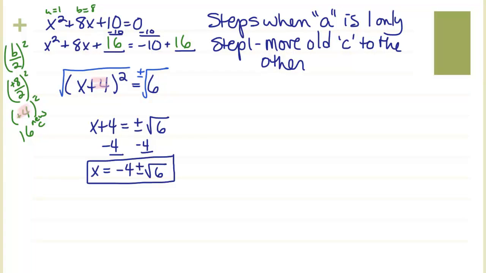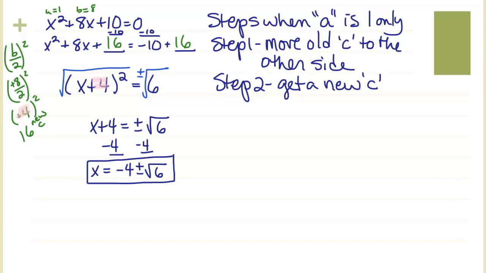This is assuming it's in standard form. Step 2, get a new c by using b over 2 squared. Step 3, add it to both sides.